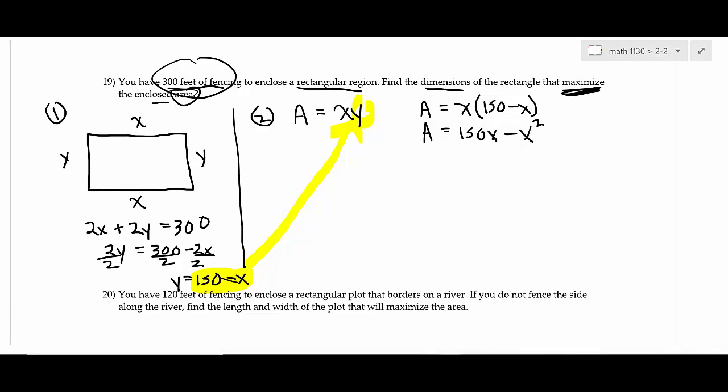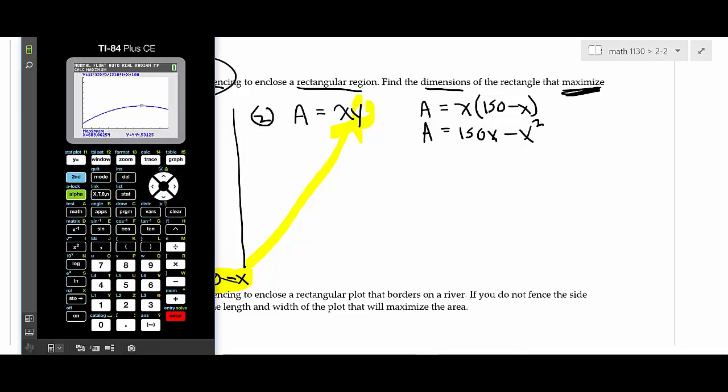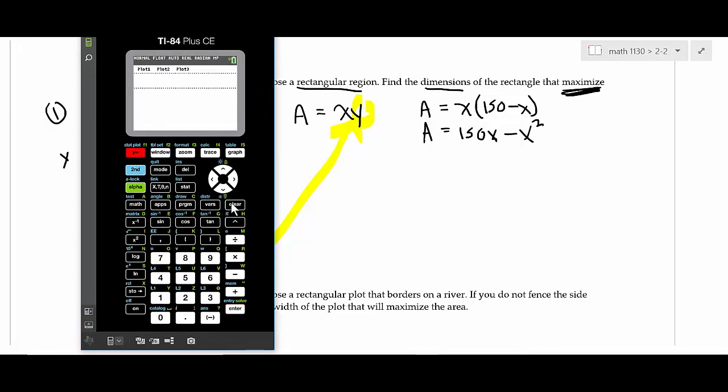The rest of this, at this level of class, you have to do on your calculator. So I'm going to erase what I had before and put in 150x minus x squared. If I graph that from the same window, there's no telling what will come out. Okay, that gives me some idea: a parabola that goes way up there.